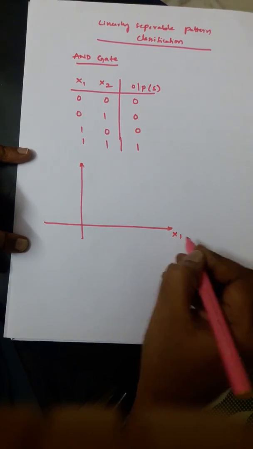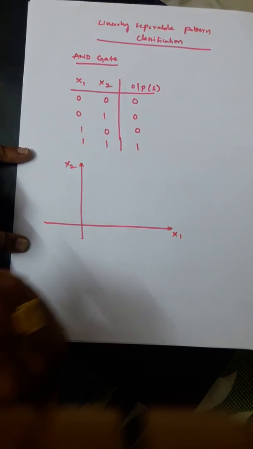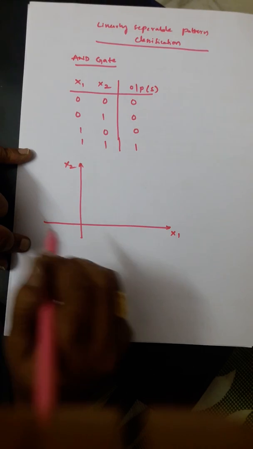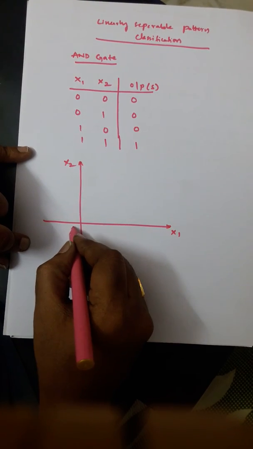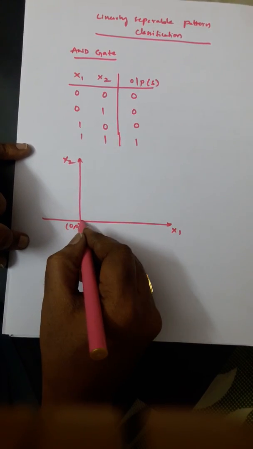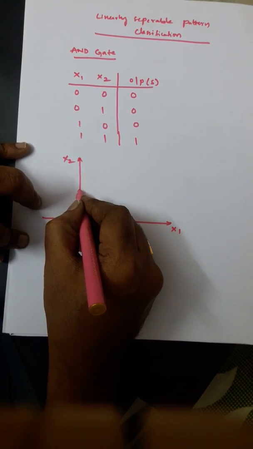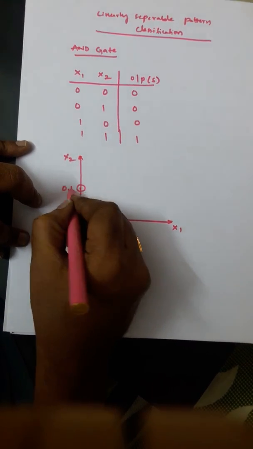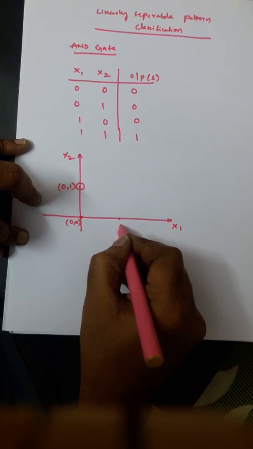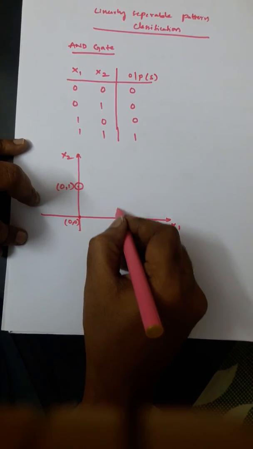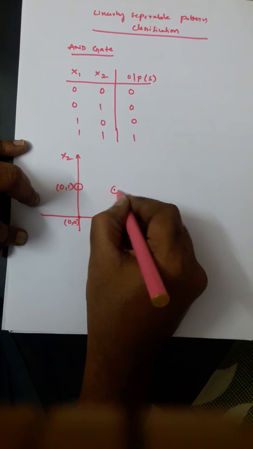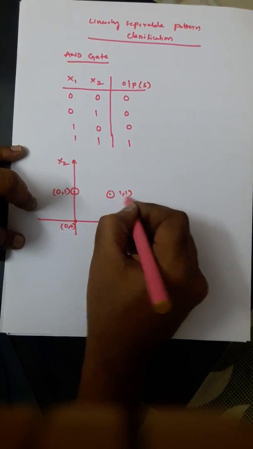We have discussed all these things. If we represent this in a pattern space, this is 0 0, this point is 0 1, 1 0, and this is 1 1.